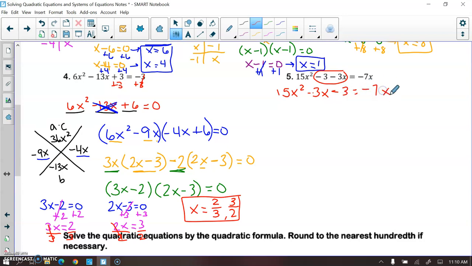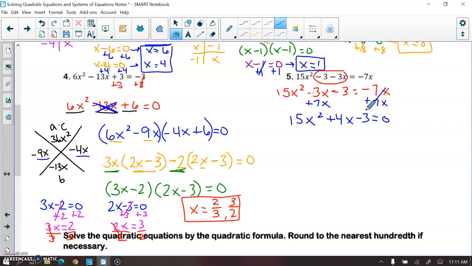So you need to be careful about what order your terms are in. Now I'm going to get that 7x to the other side by adding 7x and making sure that I add it to the correct term, which is that negative 3x. And so I have a 15x squared plus a 4x minus a 3 is equal to 0.